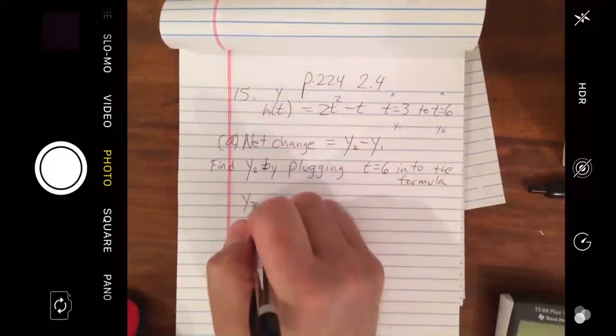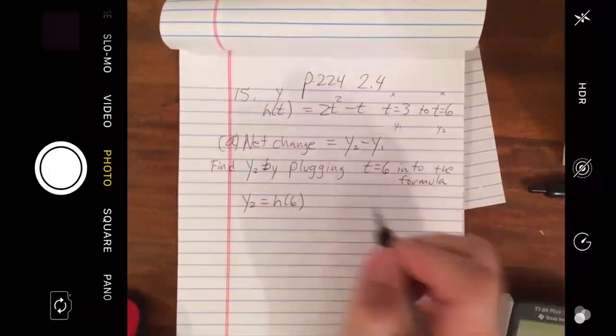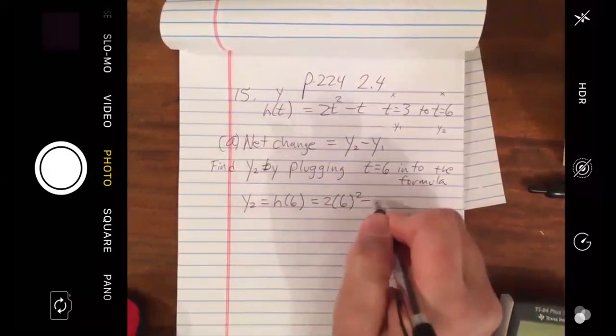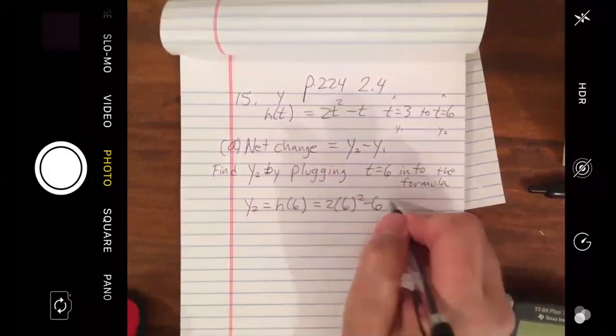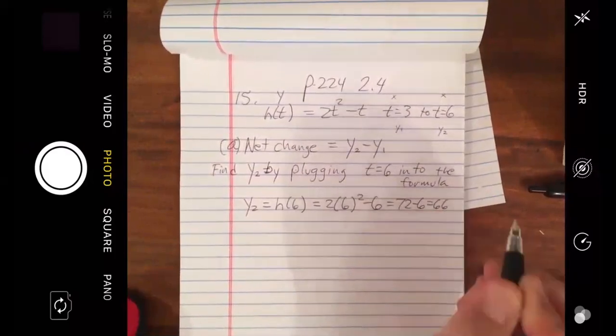So y2 would be h of 6, which would be 2 times 6 squared, subtract 6. 36 times 2 is 72, minus 6 should be 66.